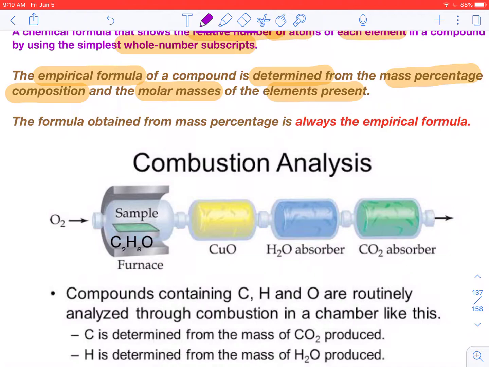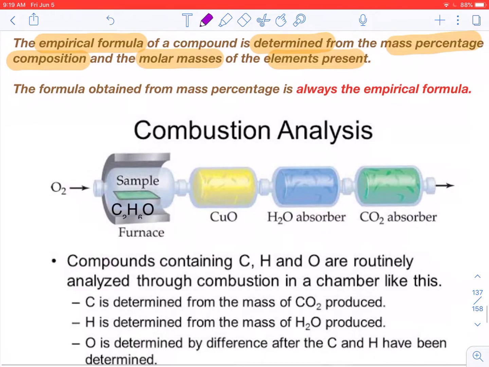There are several techniques to determine empirical formula, but I am showing you this one, just to give you an idea, so that you have a sense of how empirical formulas are determined. Now here is what we have, a combustion analysis. Combustion, when something combines with oxygen, it combusts. And if it's a hydrocarbon, it gives off carbon dioxide and water.